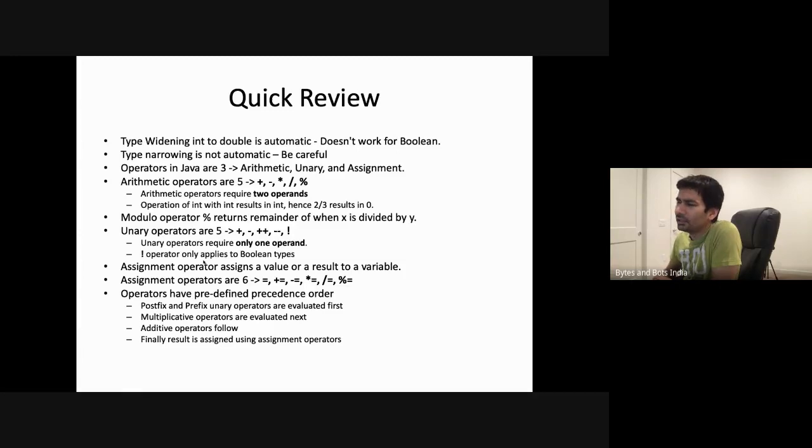And finally, assignment is equal to, plus equal to, minus equal to, and those are shortcuts of writing small arithmetic problems in Java. What the assignment operator does is assign the result to a variable. That's one key point to remember. Arithmetic operators require two operands, unary requires only one. Modulo returns the remainder, not the quotient.